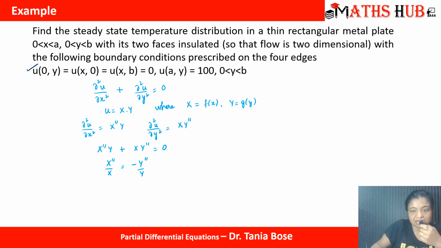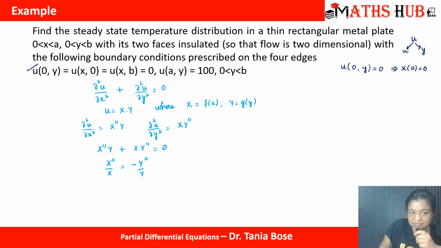The first condition says u(0, y) is equal to 0. Here u is a function of x and y. The first condition is on x and the second condition is on y. So when we put u is equal to X into Y, the small variable x is becoming 0. That implies X at 0 is equal to 0.